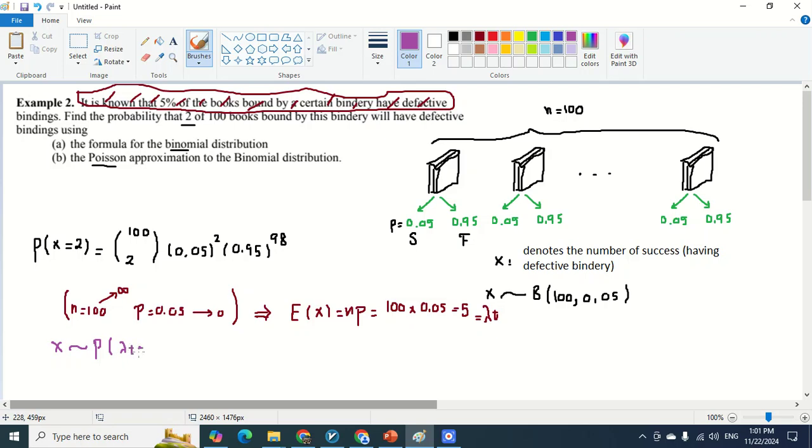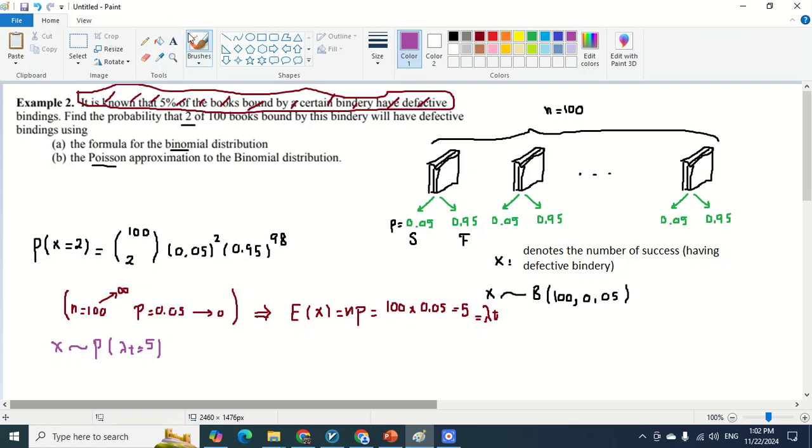I emphasize the situation again: we changed the question with the information that we have, like errors in the paper in the secretary's typing, where we have one average value that happens over time. So here we change the question like this: if we have 5 defective books in a production line, what is the probability to get 2 defective books in a new line of production?